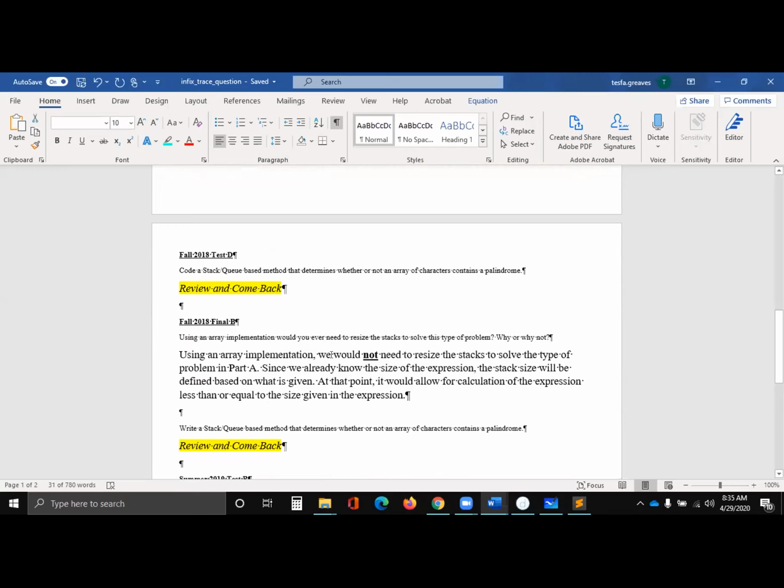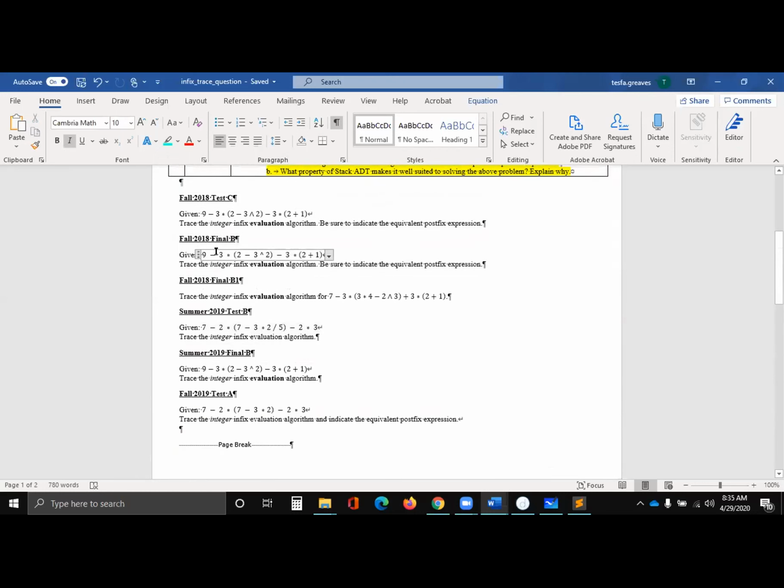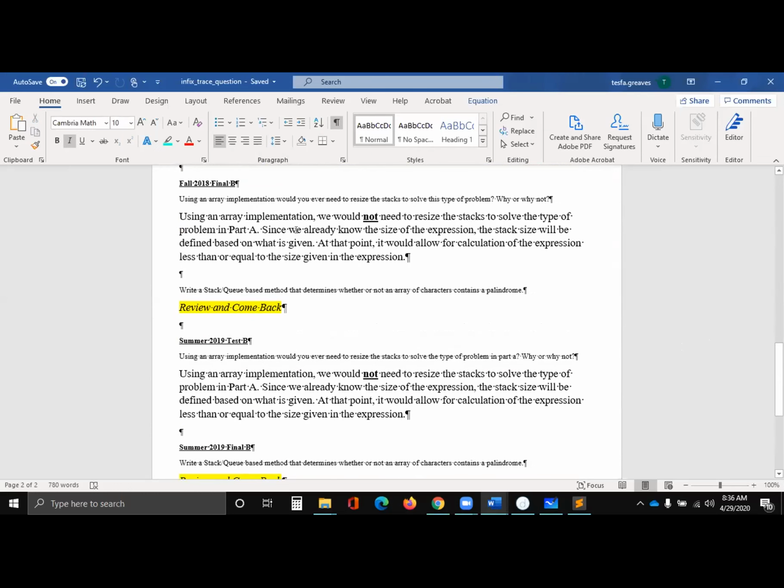Using an array implementation, we would not need to resize the stack to solve the type of problem in part A, since we already know the size of the expression, which, if we count it, 1, 2, 3, 4, 5, 6, 7, 8, 9, 10, 11, 12, 13, 14, 15, 16, 17, 18, 19. 19 unique characters. Since we already know the size of the expression, the stack size will be defined based on what is given. So 19.